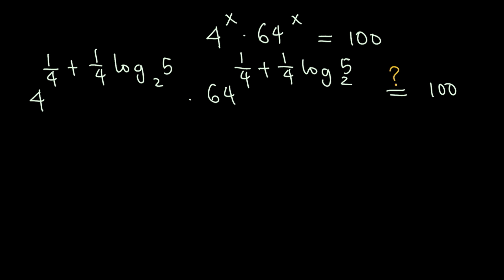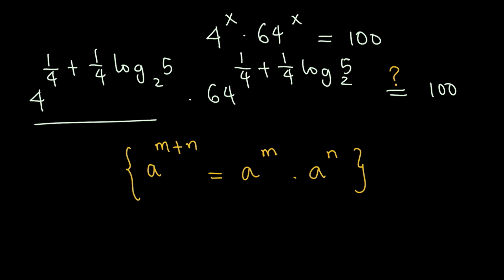I'm going to apply a law of indices at this point, and the law I'm going to apply says given a raised to power m plus n, you can express this as a raised to power m times a raised to power n.